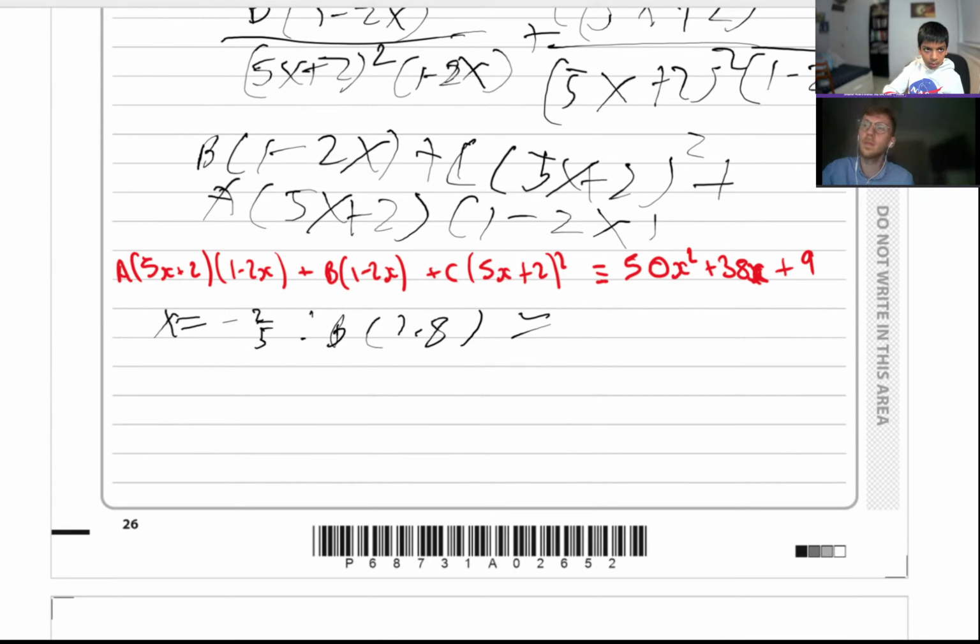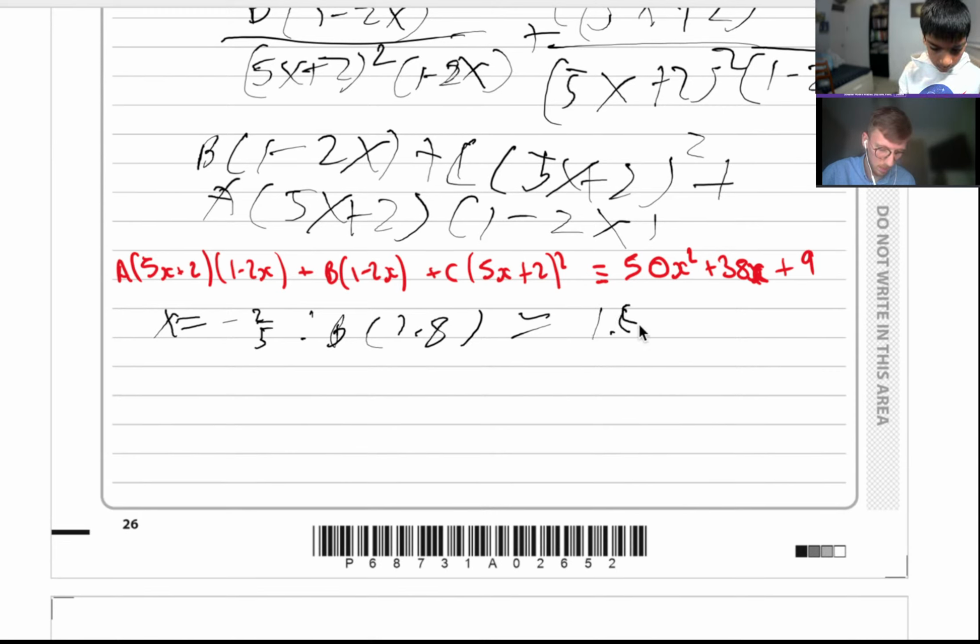And you can also use the calc button on your calculator. Right now x is 0, so we can just change it. We want minus 2/5 first, and it'll give the answer. There you go.